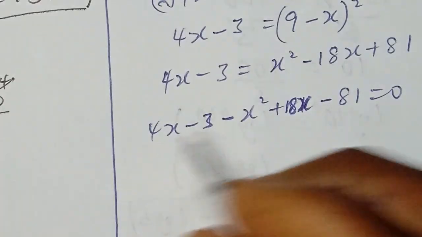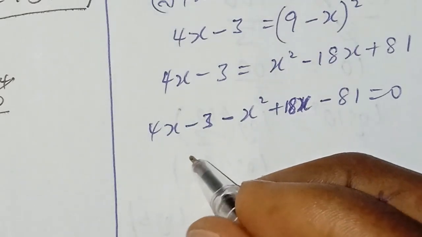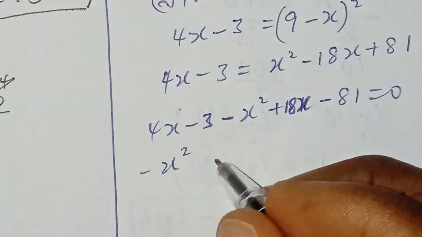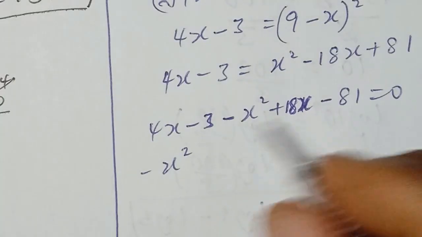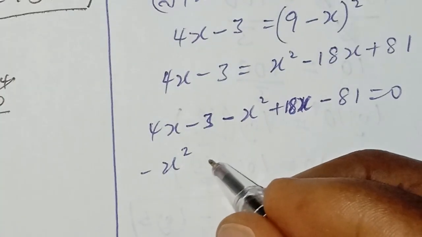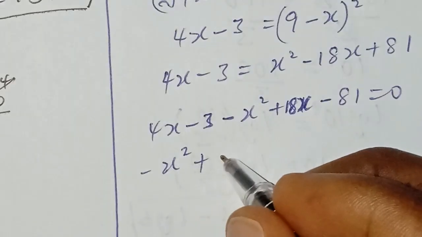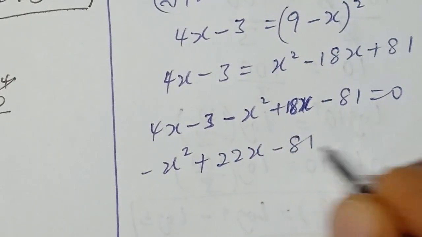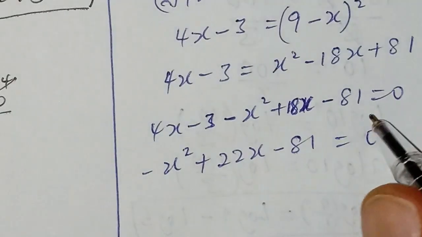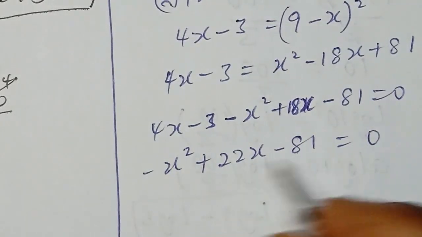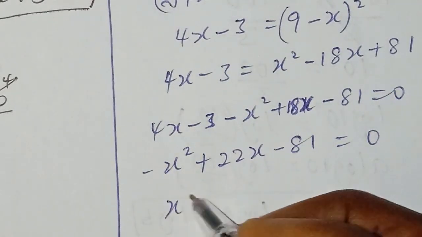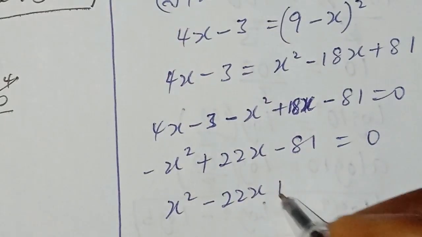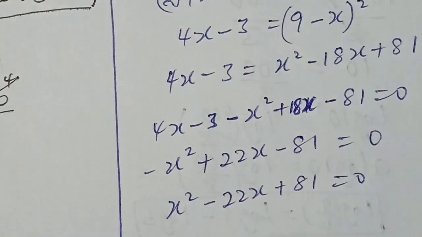If we simplify all this, then we have minus x squared, and this gives us plus 22x then minus 81 equal to 0. If we multiply through by minus 1, we have x squared minus 22x plus 81 equal to 0.